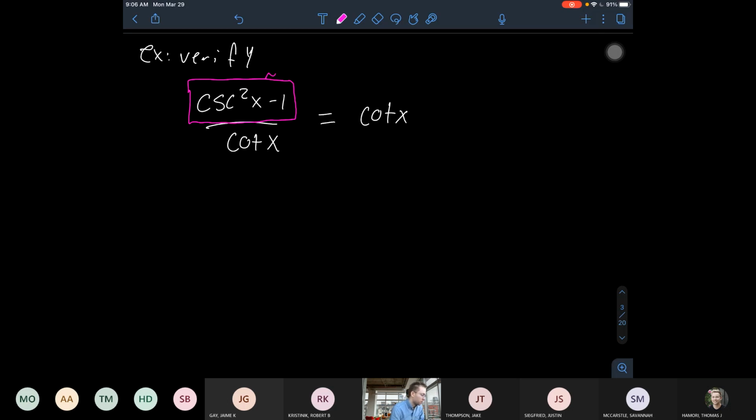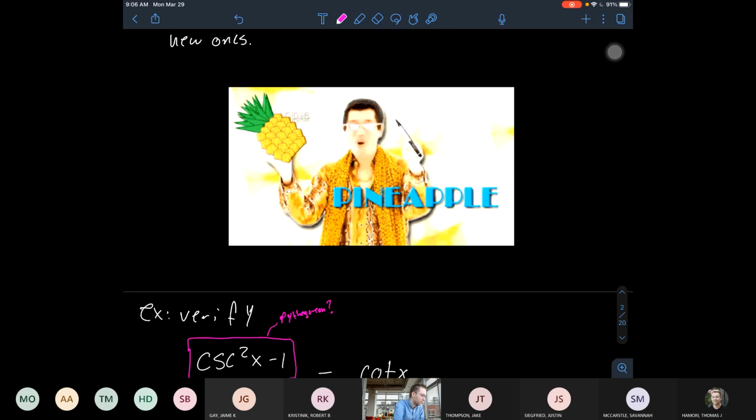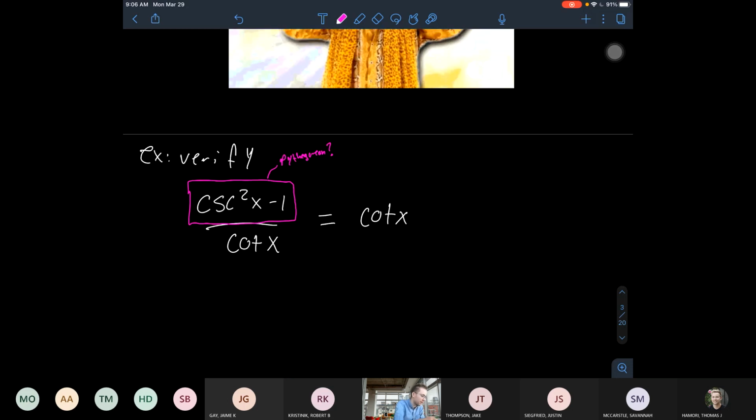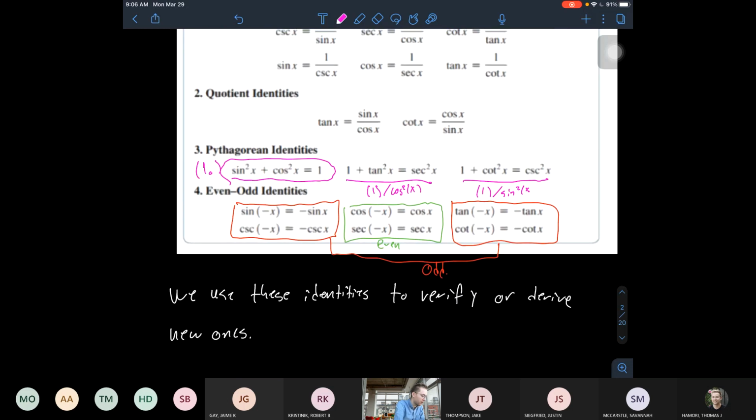It looks like the square of something minus the square of something else. This kind of reminds me of the Pythagorean Theorem. So let's see if there's anything involving cosecant squared and the number 1 in our table here.